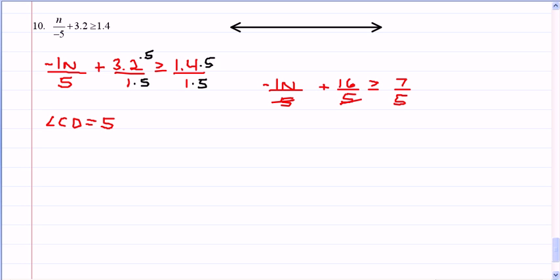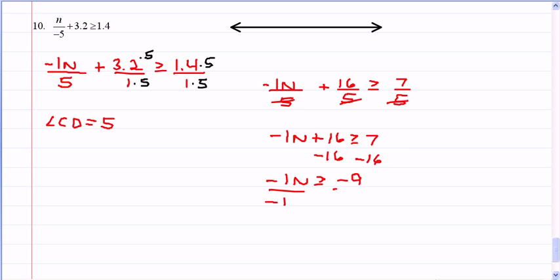All of the 5's cancel, and I have negative 1n plus 16 is greater than or equal to 7. And I subtract 16 from both sides, so that negative 1n is greater than or equal to negative 9.